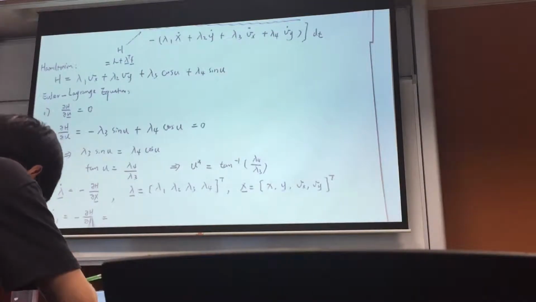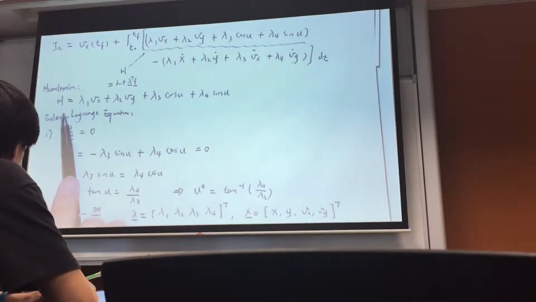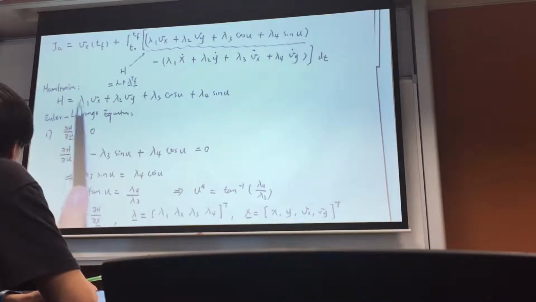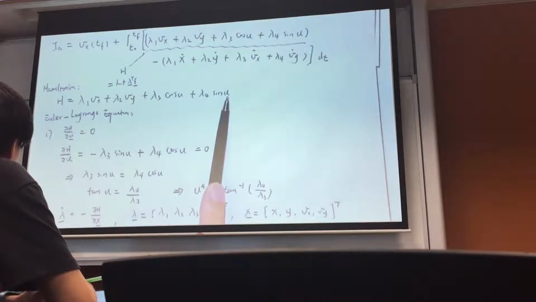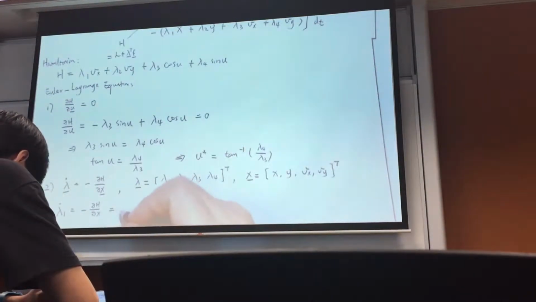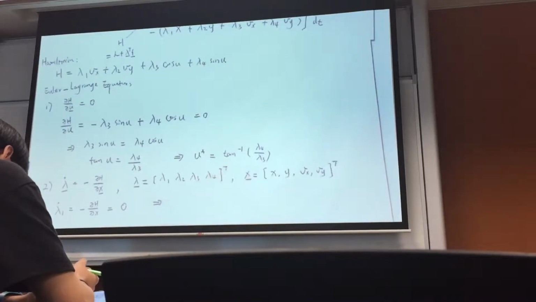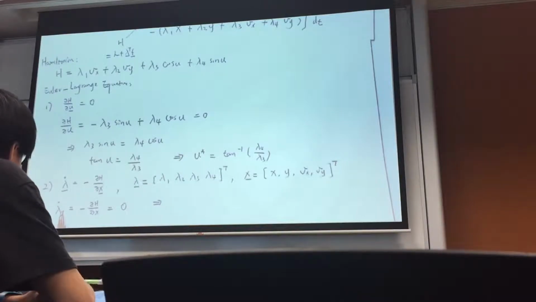So how to evaluate this dH/dx? We check the equation for the H. The H is a function of vx, vy, and u. So it has nothing to do with the location of the vehicle. So this one equals 0. For lambda 1 dot, we know lambda 1 is a time function.